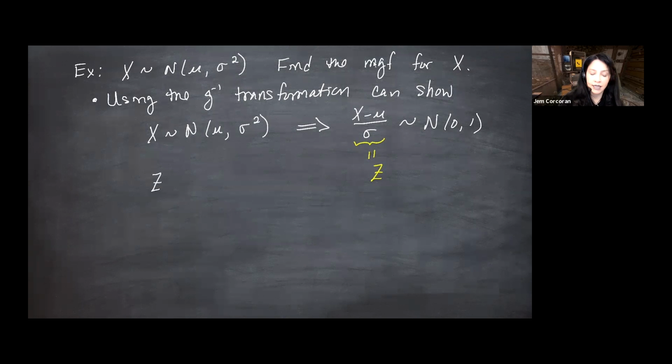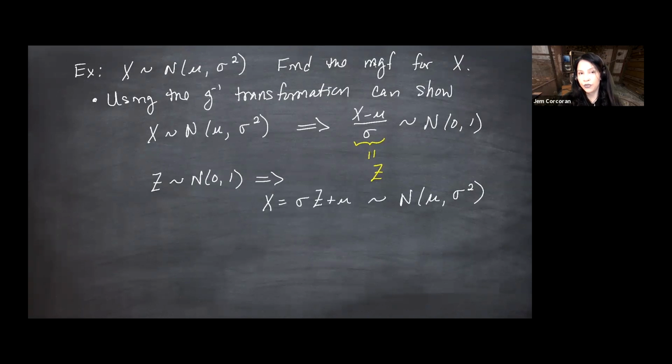If you have Z, a normal random variable with mean 0 and variance 1, we can build up a random variable with mean mu and variance sigma squared like this. The fact that we maintain normality, you would have to show using a G inverse or possibly using a moment generating function. But we can't do that until we know the moment generating function, and that's what I want to compute here.